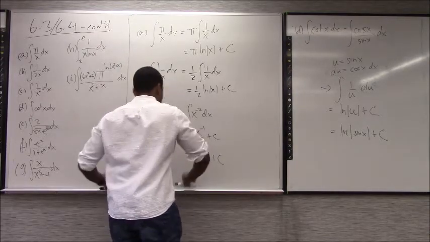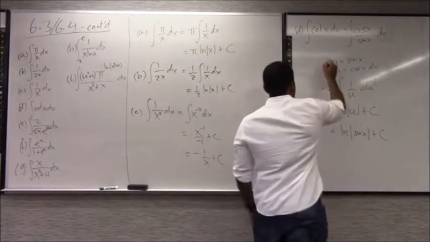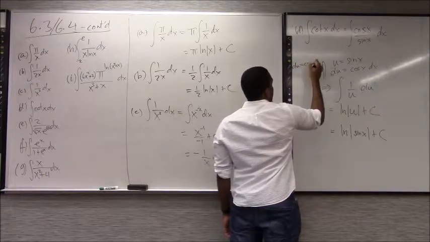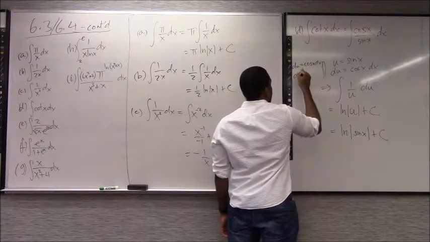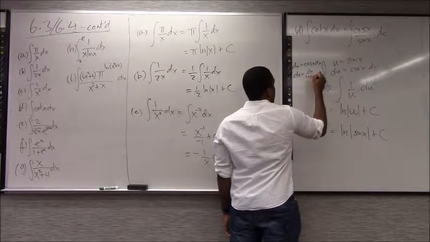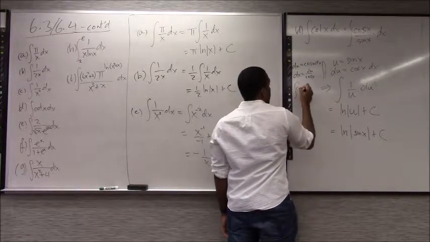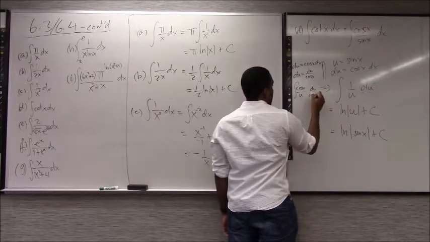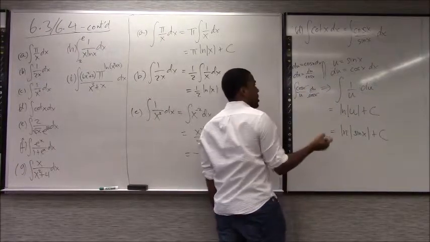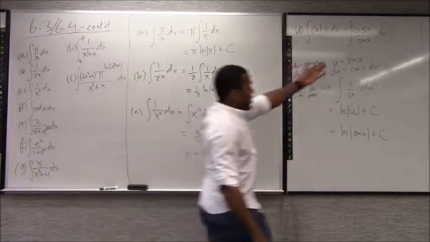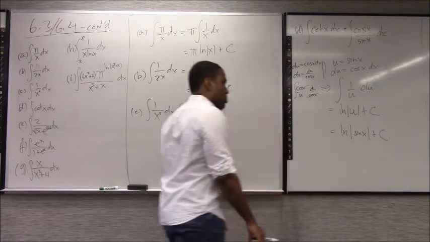In class we solved for dx to be du over cosine x. But in that case, you'd have that cosine x, you'd have the u, and then du over cosine x, and it canceled there anyway. So there are a couple ways you could do it, but I just saw it was right here, so I just swapped it out.